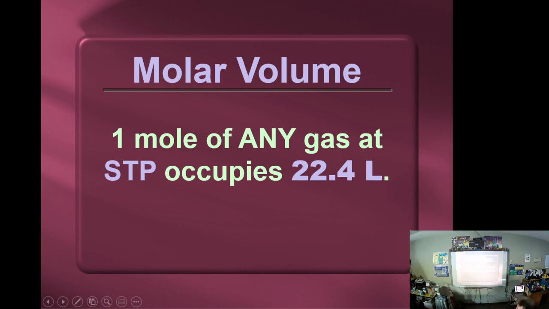A mole of any gas you want to come up with occupies 22.4 liters at STP. Or in other words, the molar volume of any gas is 22.4 liters. So if you need to calculate what the molar volume is, it's 22.4 liters. Is everybody good on this one? Do you understand at this point in time?